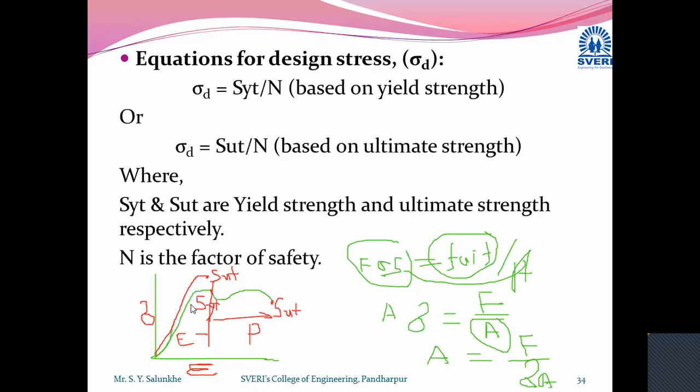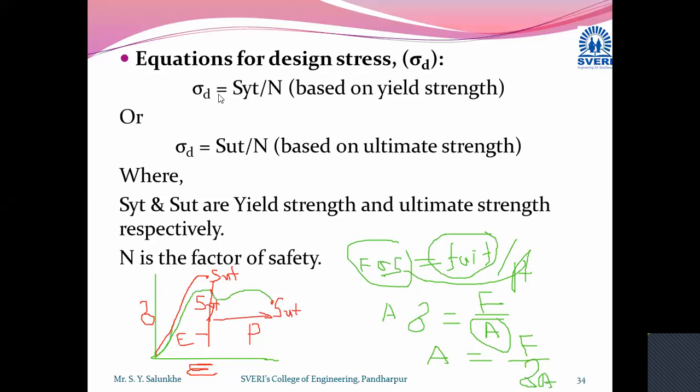So when we consider design stresses, here you can see sigma D. The D suffix is used for design, and sigma we have used for stress. Here N is used for the factor of safety.